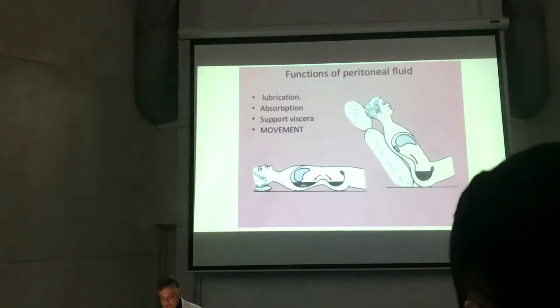If we let him lie down, fluid will collect in the subphrenic, subhepatic, Morrison's pouch. The fluid, which usually contains protein, will coagulate and become jelly-like. And when you want to take it out, it is going to be a hard procedure.